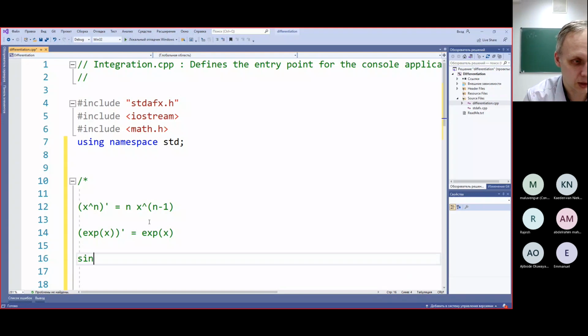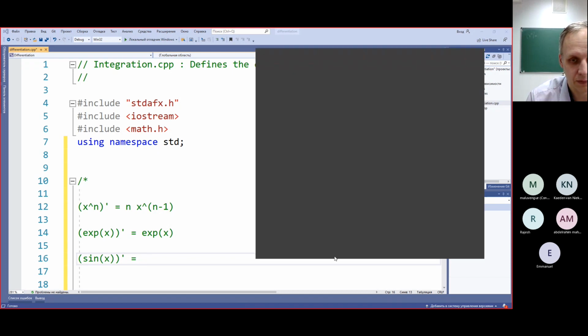And let's review trigonometric functions. We will not use them very often, but it's better to review them now. Derivative of sine is cosine.